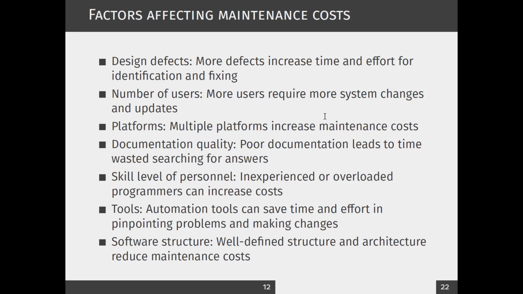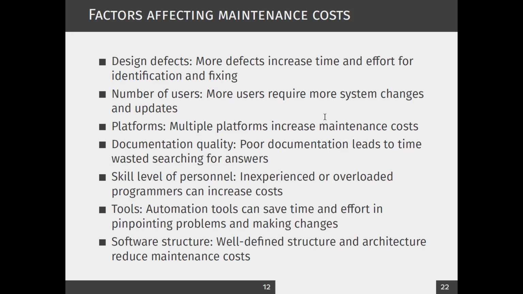If you have several platforms, then maintenance cost increases as well. Now when you say platform, it can be different things. For example, it could be different software platforms, or different hardware platforms. But if you are supporting multiple platforms, it means you have to increase maintenance cost.